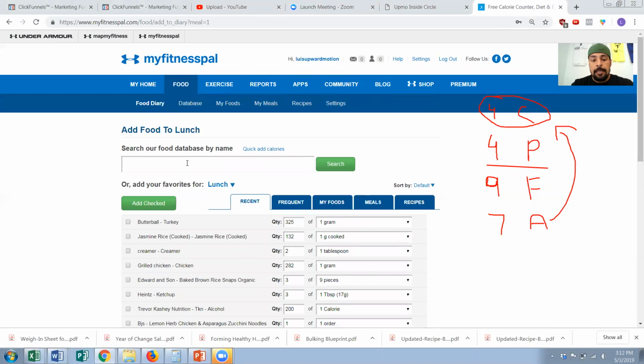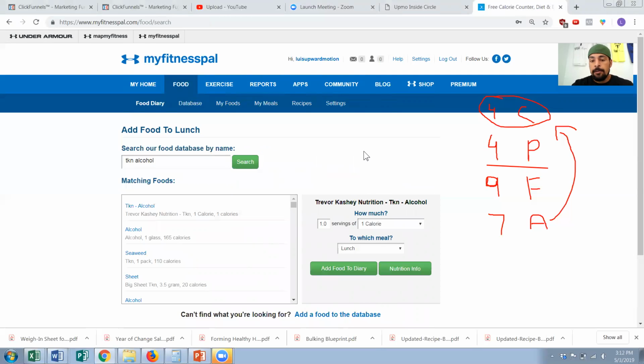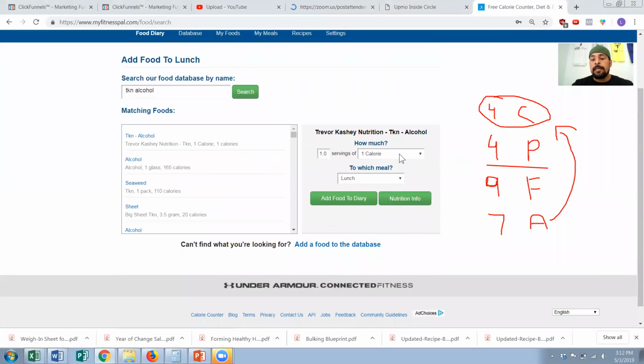When you type it in here, I want you to put in this entry, TKN alcohol. Do a search. The reason I like the TKN alcohol entry is that every 1 shot is going to be 100 calories.